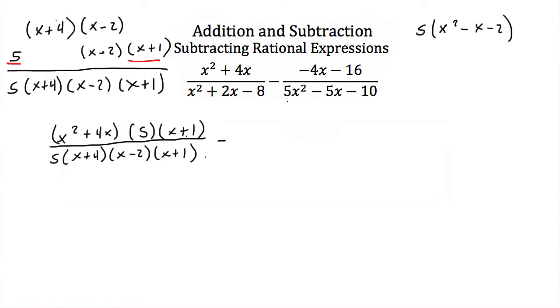Next, I'm going to subtract my second expression, and when I multiply it, it's going to end up with the same common denominator, 5 times x plus 4 times x minus 2 times x plus 1.